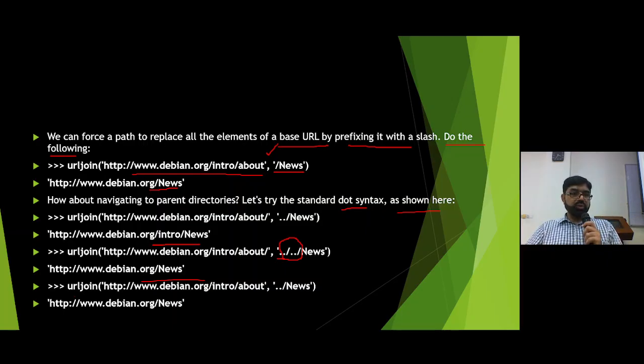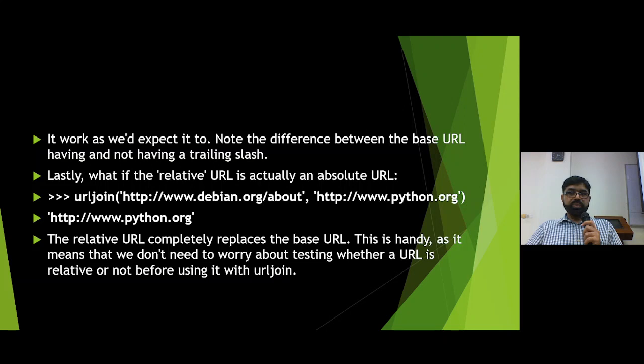And then suppose you provide about and dot news, so it will go to the news. So it works as we would expect. Note the difference between the URL base having and not having a trailing slash.